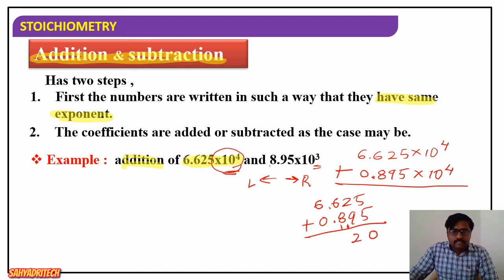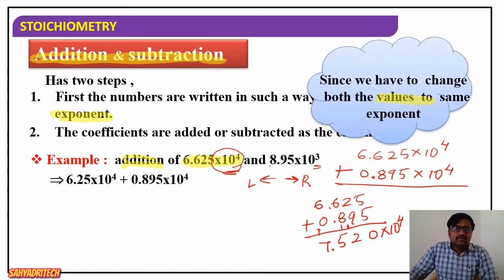Then 6 plus 8 is 14, plus 1 is 15, 5, carry 1. Then 6 plus 1 is 7. So 7.520 into 10 raised to 4. We consider the same thing: the first number written as it is, 6.625, plus 0.895.